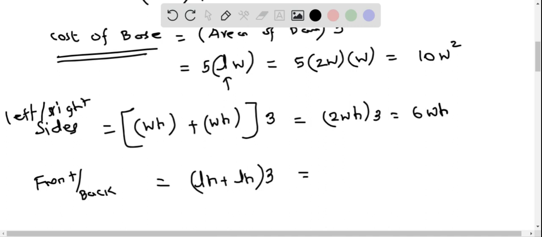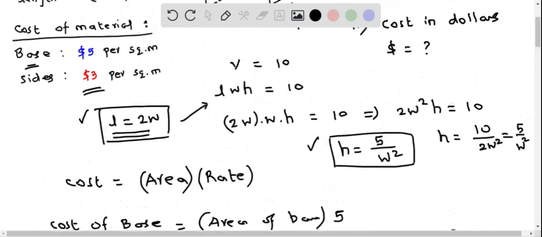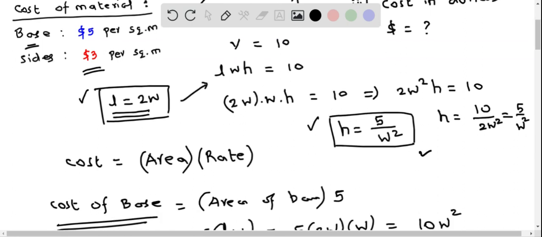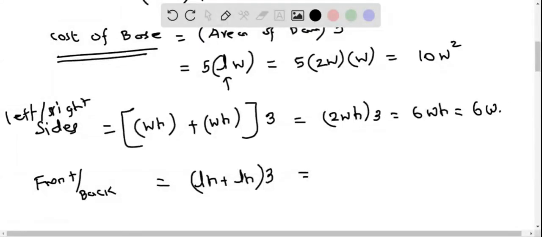Now I can replace H as, I'm sorry, 5 by W square. You can see it over here. So when I do that, I get 6 times 5 by W square times W, which simplifies to 30 over W. Similarly, for the front and back sides, LH plus LH is 2LH, and 2LH times 3 is 6LH.